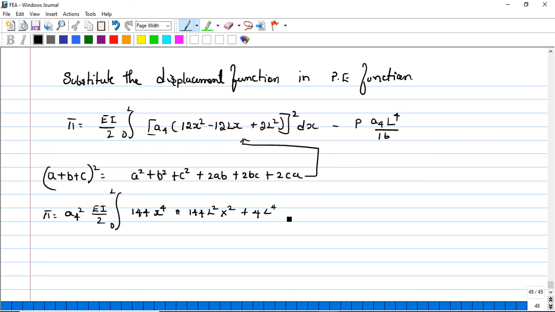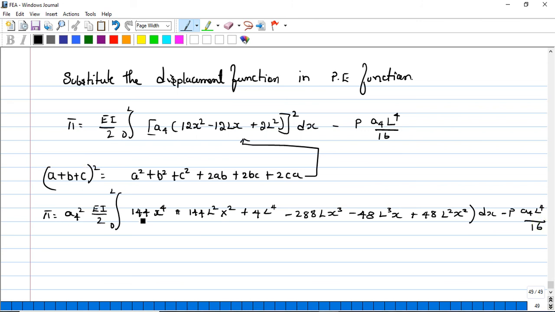So that will be minus 288 Lx cube and minus 48 L cube x plus 48 L square x square into dx minus P A4 L raised to 4 by 16.